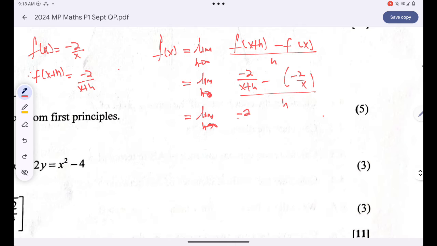This will just give me negative 2 over x plus h plus 2 over x. Negative and negative will give us a positive. And then the denominator is just equal to h.